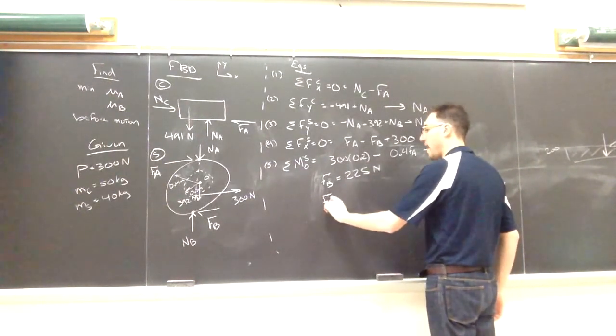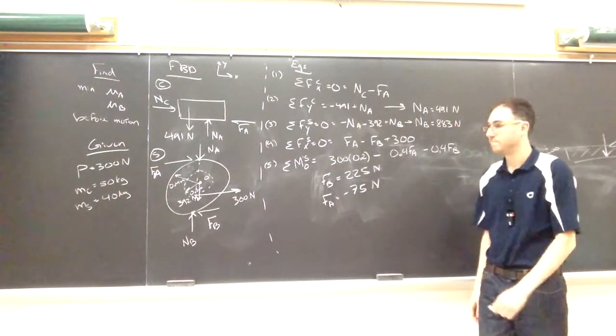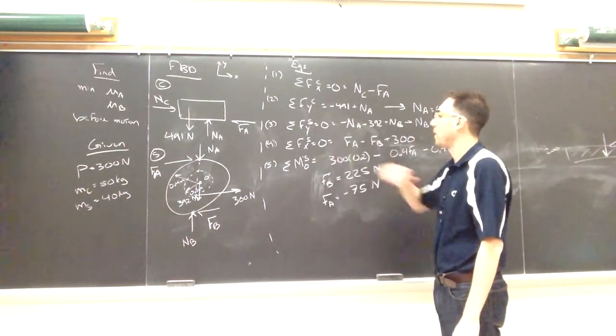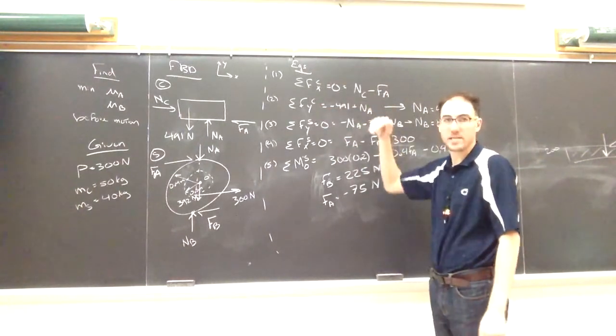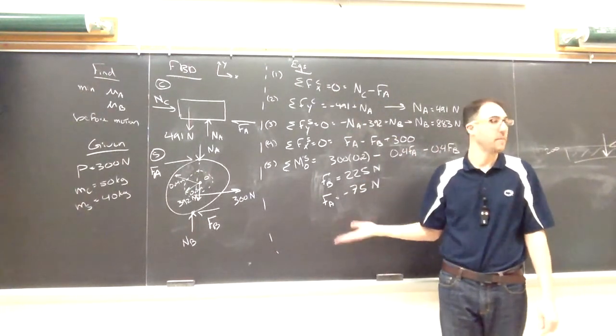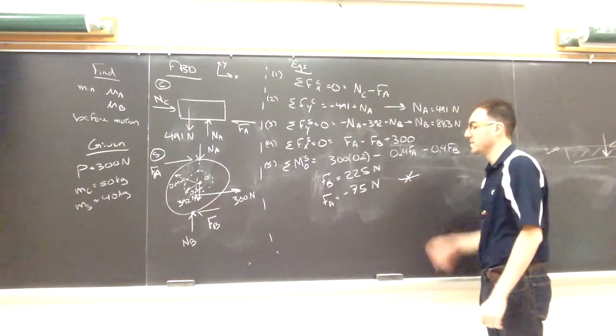And if I solve it for FA, I get negative 75 newtons. So that was using equation 4 and equation 5, and then I can find the rest of this information if I want.